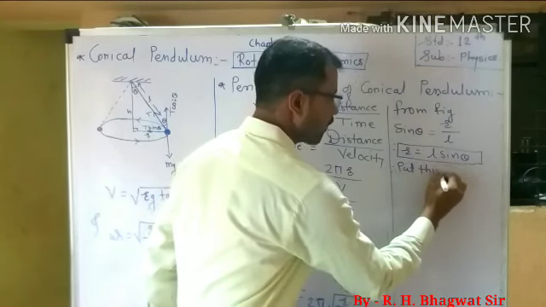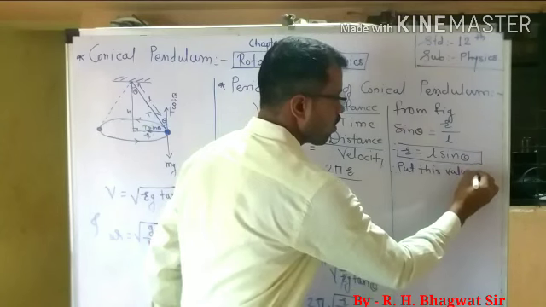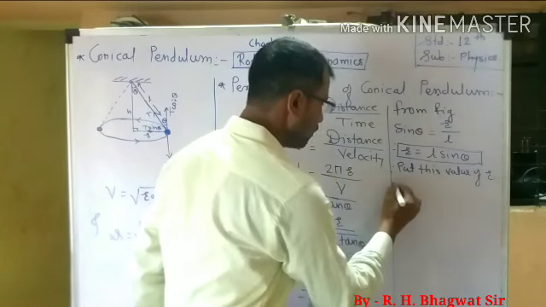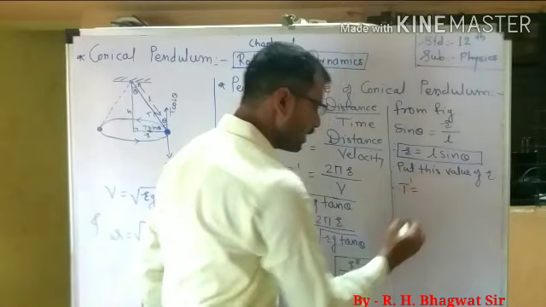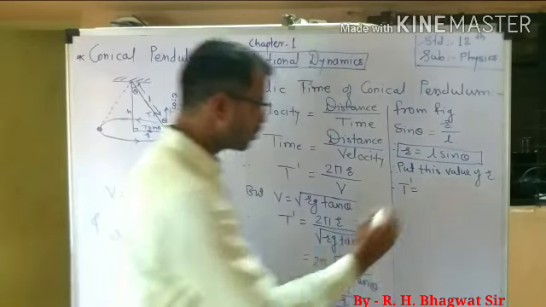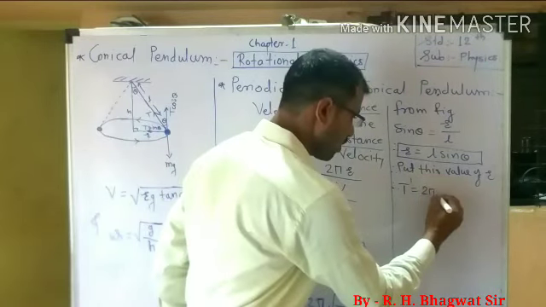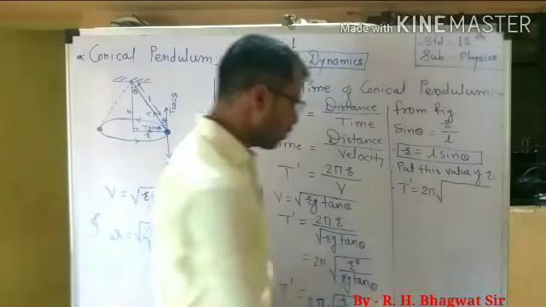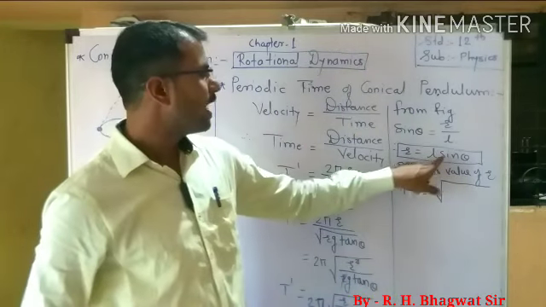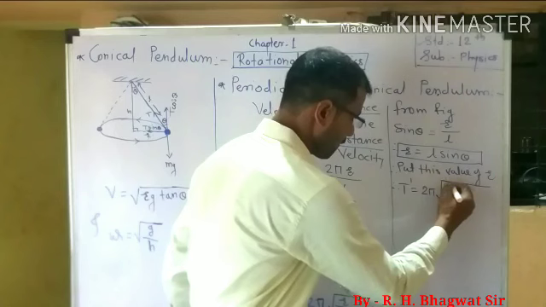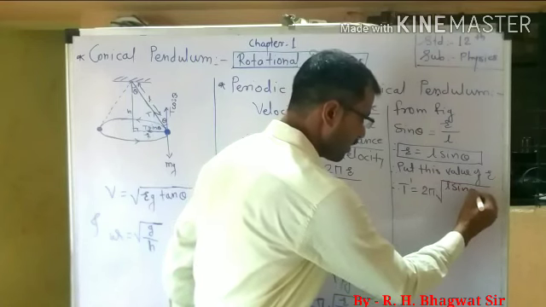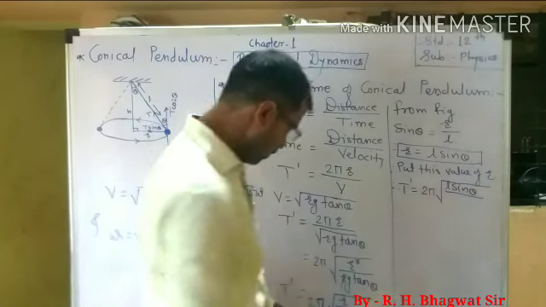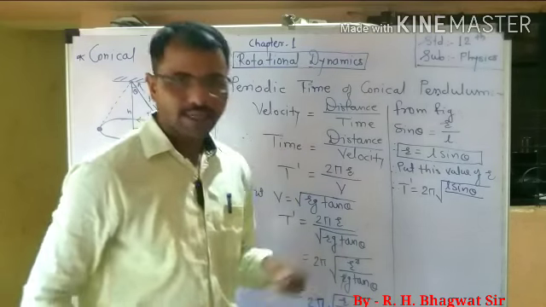Therefore we get T prime, or periodic time of the conical pendulum, is equal to 2 pi under root, and the value of r is l sin theta, so l sin theta divided by g into tan theta.